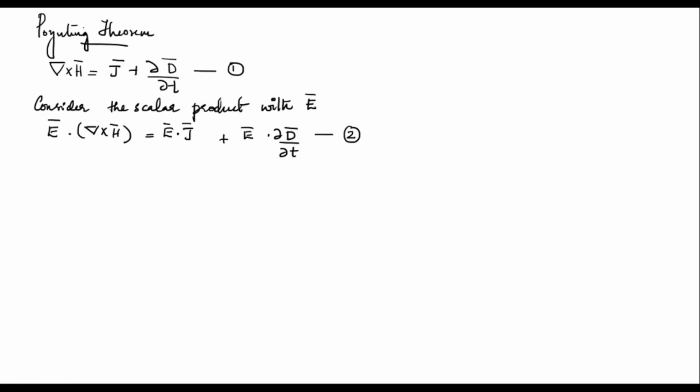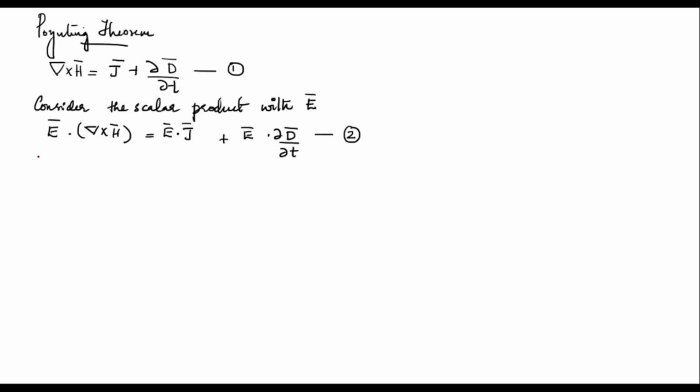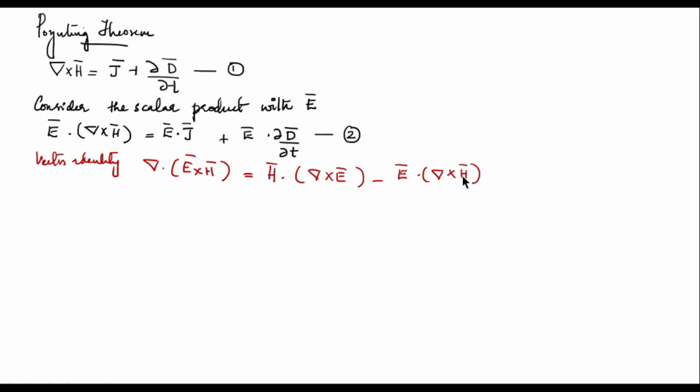Again, here we have to consider the different identities also, so we will go to the first vector identity. Del dot E cross H is equal to H dot del cross E minus E dot del cross H. This is a standard identity.